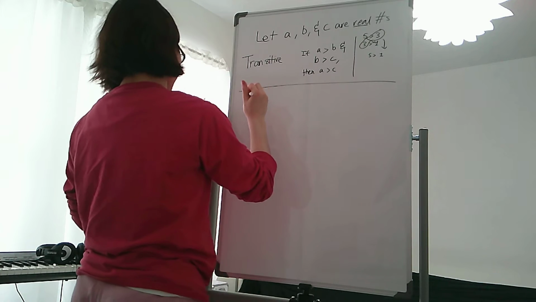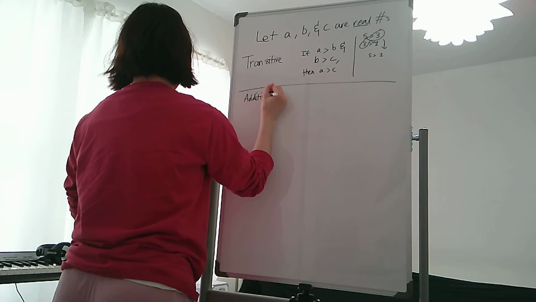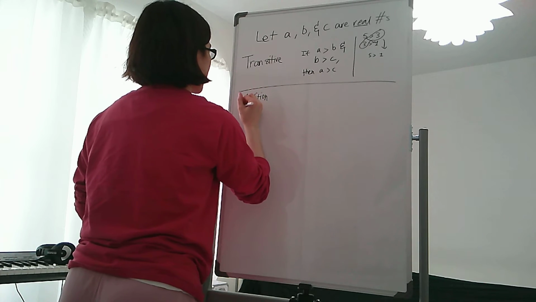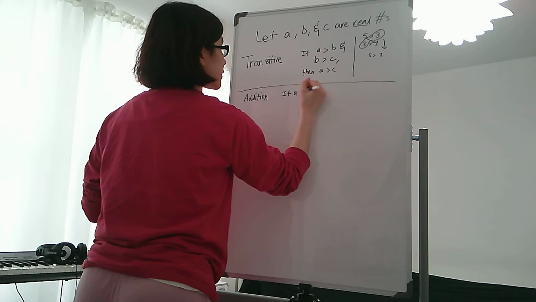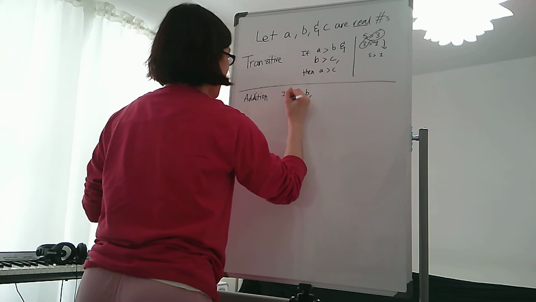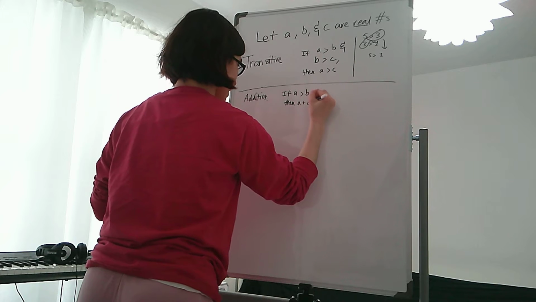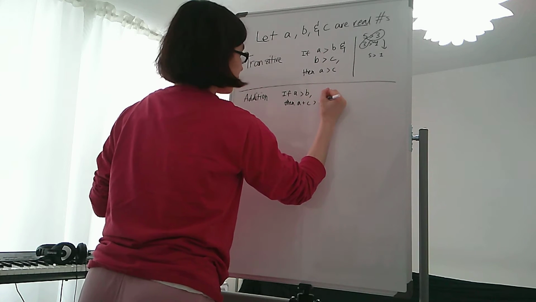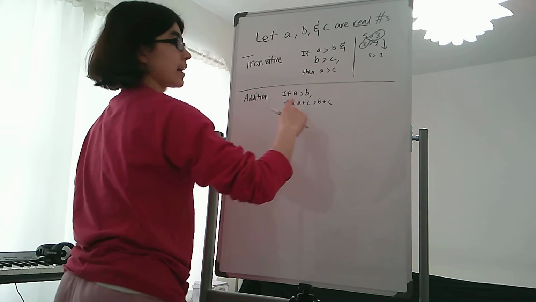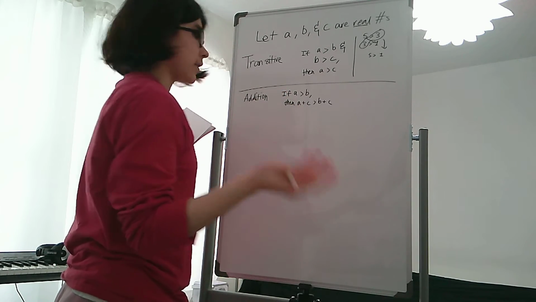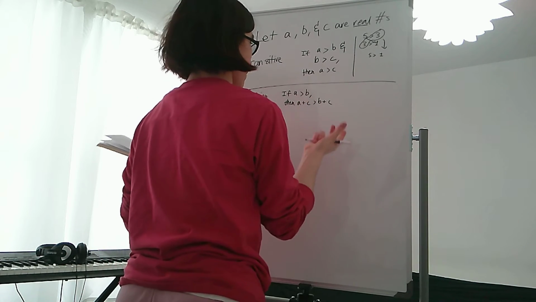Okay, next property, the addition property. So if A is greater than B, then A plus C is going to be greater than B plus C, right? Because whatever you do to one side of the inequality, like with equations, you've got to do to the other to keep it balanced.